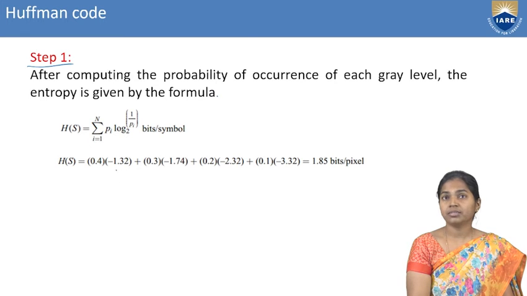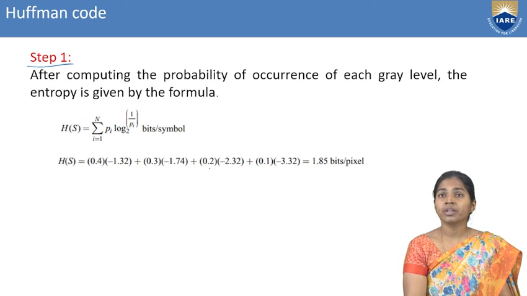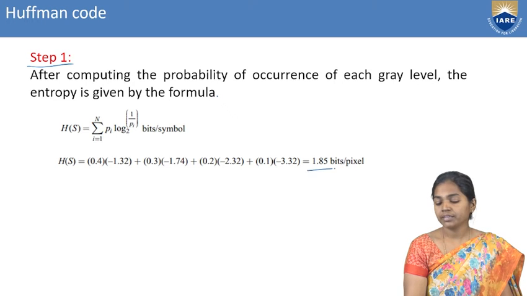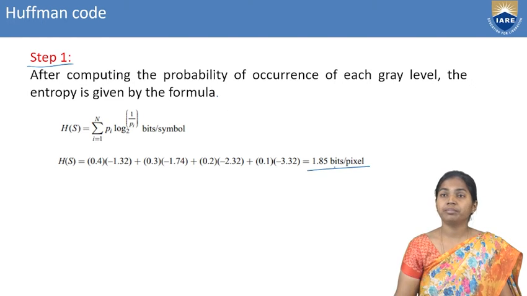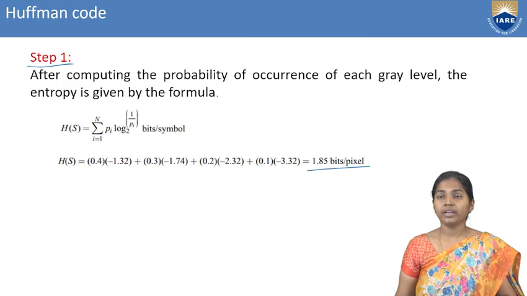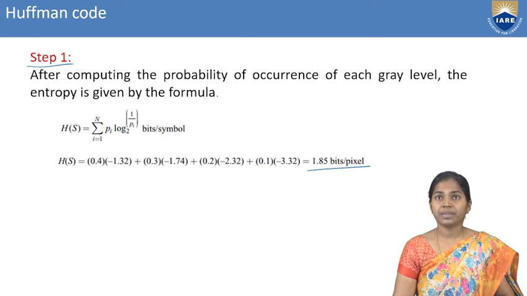First, 0.4 times log 2 of 1 by 0.4, which is 1.32, plus 0.3 times log 2 of 1 by 0.3, which is 1.74, plus 0.2 times 2.32, plus 0.1 times 3.32. Here it is 1.85 bits per pixel.